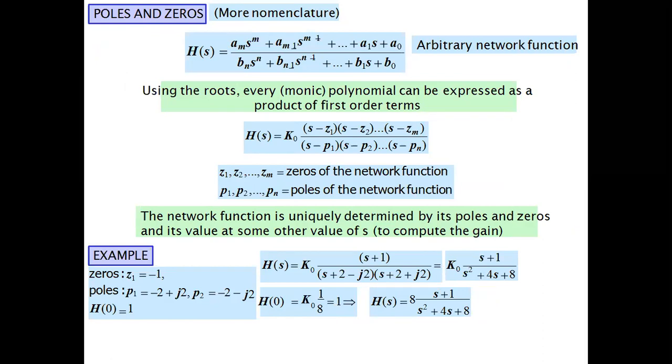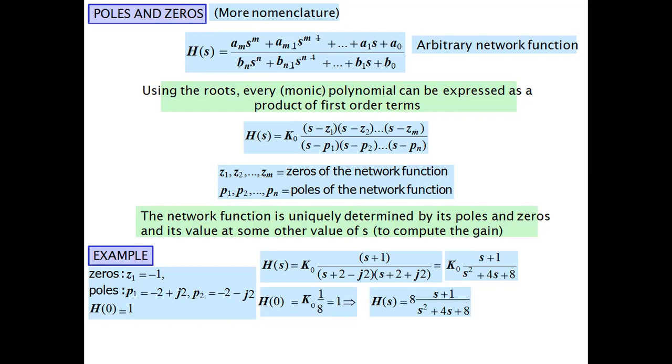If we have any function in the form of am s to the power m up to a0 in the numerator, upon bn s to the power n up to b0 in the denominator, the zeros of the network are the roots of the numerator. We can write that equation in the rational form, or in the product form. So you will get k as a constant term into s minus z1, s minus z2 up to s minus zm in the numerator. In the denominator you will get s minus p1, s minus p2 up to s minus pn.